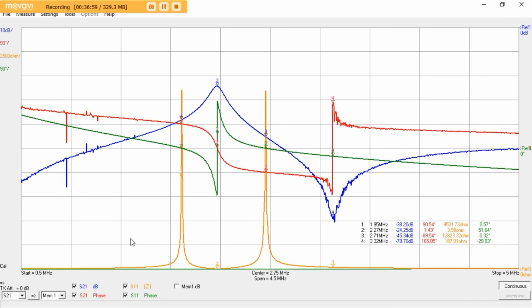Good. I think that shows a good insight into the characteristics of this coil, and we've now added S21 to the work that has previously been done on the input impedance, Z11 coming from S11, which has shown so much about the characteristics of a Tesla coil.